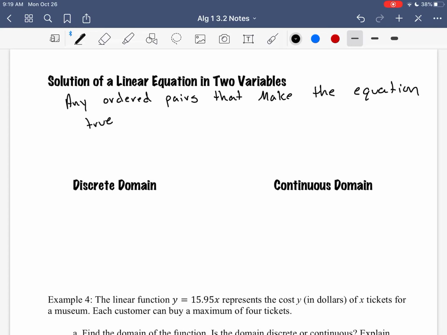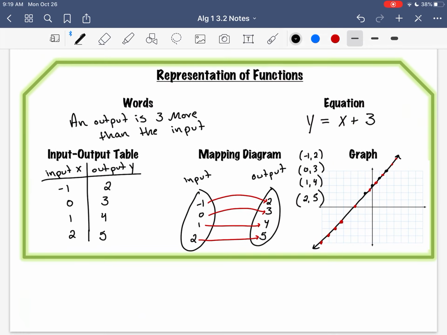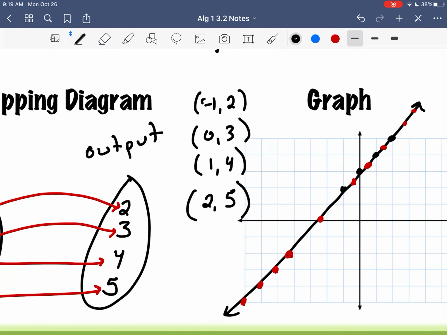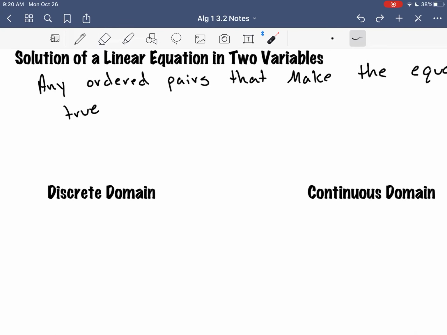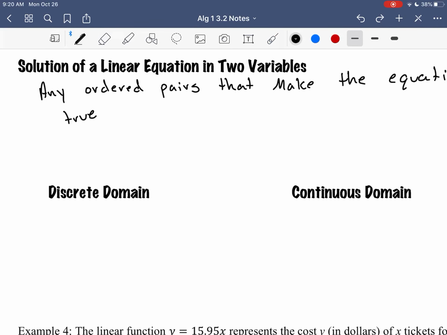So over here, these were all solutions of this equation: -1, 2, 0, 3, 1, 4, 2, 5. Now, when I look at all of the possible solutions and plot all of them, then we get the graph.